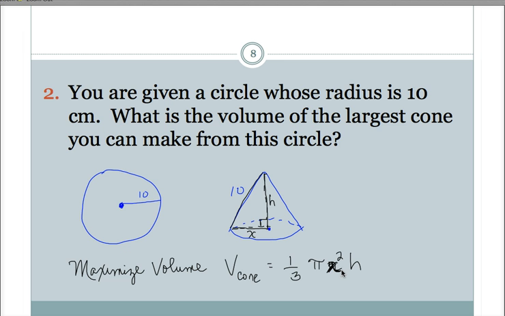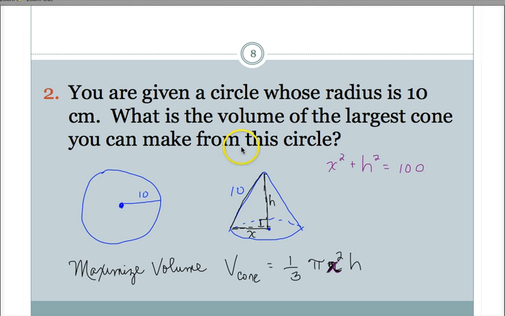So the secondary equation we can write in this case, if you take a look at that little triangle I drew in there, think Pythagorean theorem. So we could do x squared plus h squared, that becomes 100. We have to decide if we want to get rid of the h or the x.